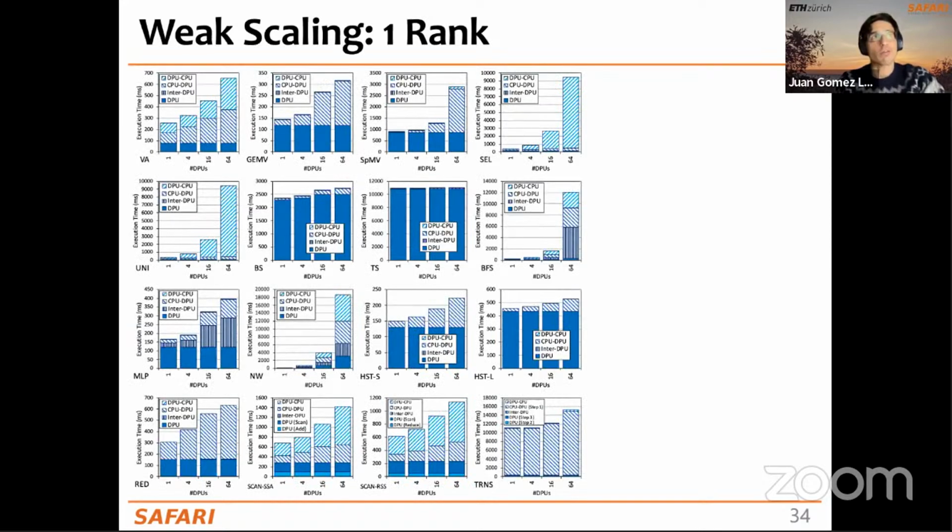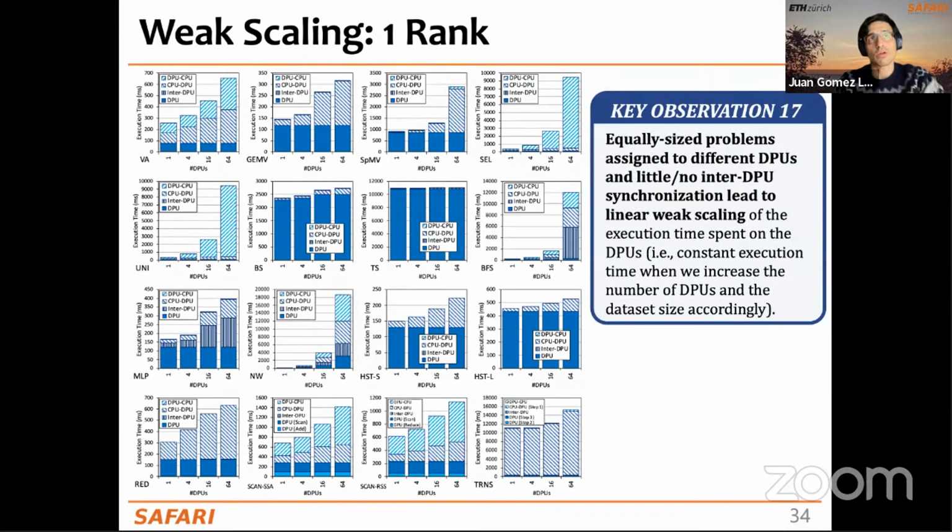And we also have experiments, as I said in the beginning, weak scaling experiments on 1 rank in this case. What we can observe in most of the benchmarks is that the scaling is perfectly linear. You can see, for example, this TS here, or the 2 versions of histogram, where we see that the execution time is completely flat.